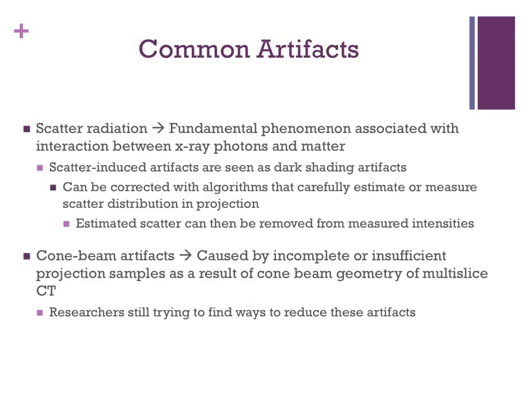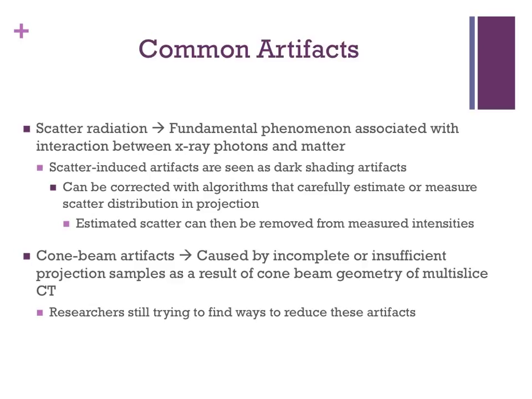Scatter radiation. This fundamental phenomenon is associated with the interaction between X-ray photons and matter. In conventional radiography, it reduces object contrast, but in CT, it produces artifact. It has been controlled in the past by placing a post-patient collimator in front of the detector to reject any photons that don't follow the straight line path between X-ray source and the detector cell.